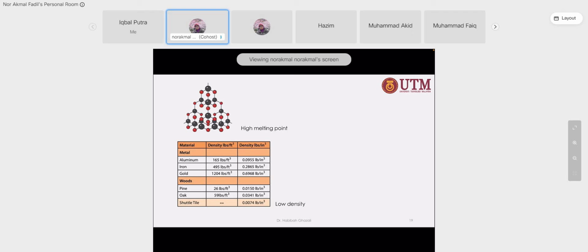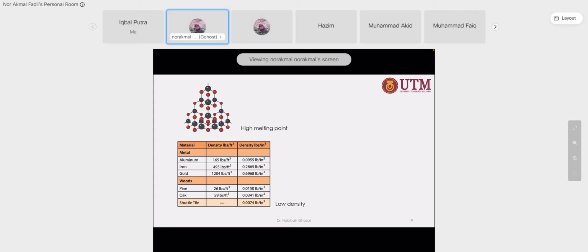For example, this is the density of the metals aluminum, iron, and gold.